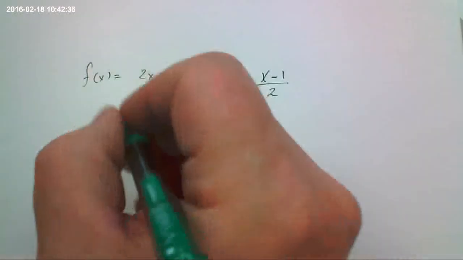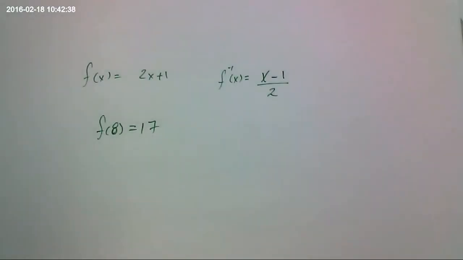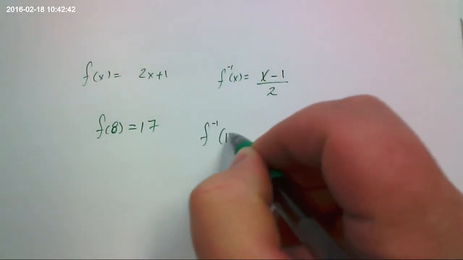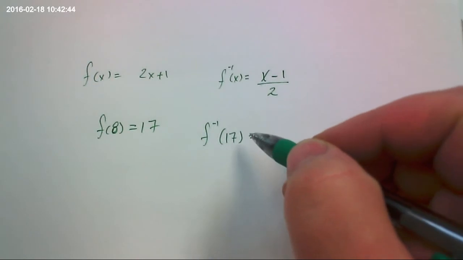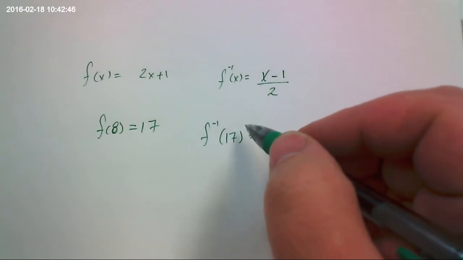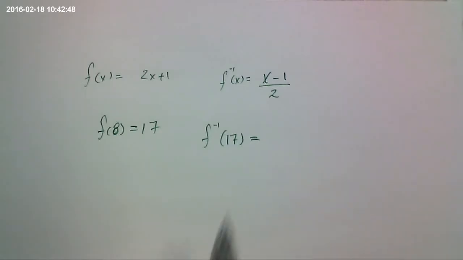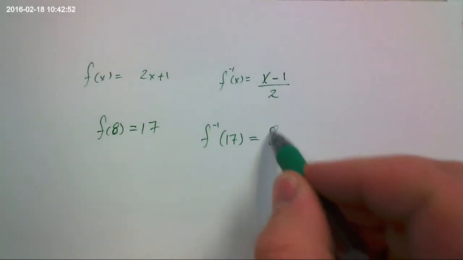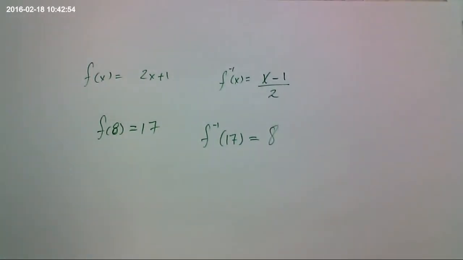Do you guys agree that that would be 17? Now what if I took my inverse function and I plugged in a 17? Without doing any math, what should it be? 8. Is it? Because 17 minus 1 is 16. 16 divided by 2 is 8. Do you now know what inverse functions are?